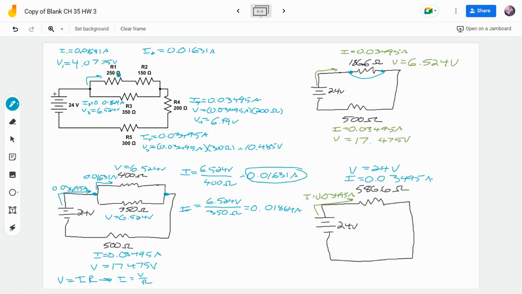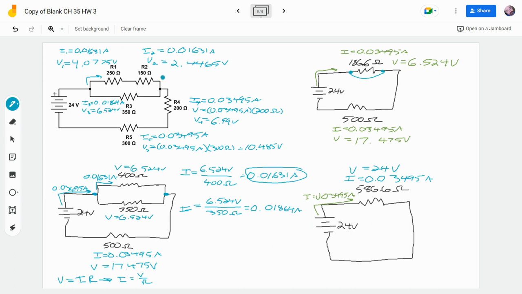Okay, so that's the voltage across R1, and the voltage across R2 is going to be 0.01631 times R2, which is 150 ohms. So here I have 2.4465 volts.